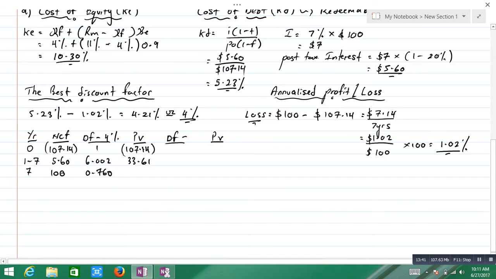Now if you get a positive answer, we need to find a negative answer for our IRR. So therefore you increase by 1%. Now so many times I already recalled this part. If you get a positive, you plus 1 to get a negative answer in your discount factor. If you get a negative on the first calculation, you minus 1 in your discount factor to get a positive answer.